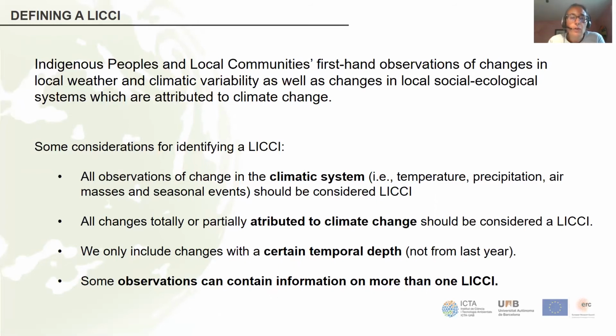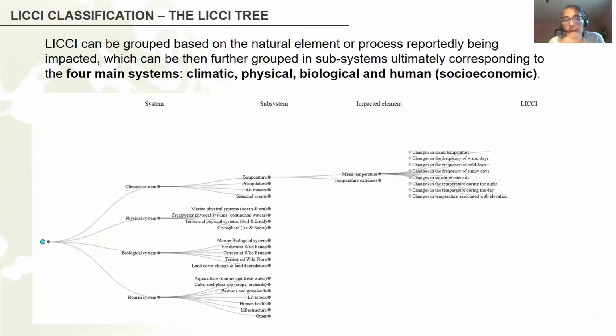Basically, what we have done is divide the observations that people give us into observations that relate to the climatic system, the physical system, the biological system, and the human system. And within each one of these systems, we have subdivided into different elements impacted and subsystems.